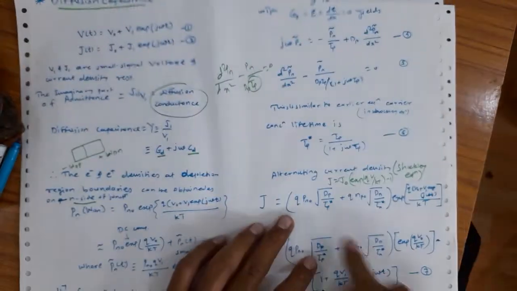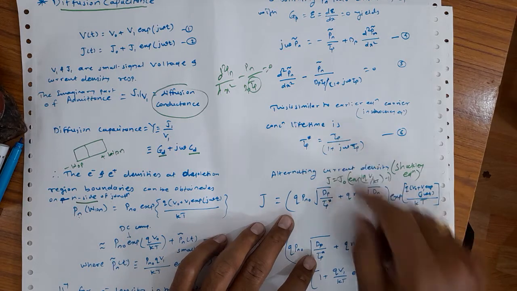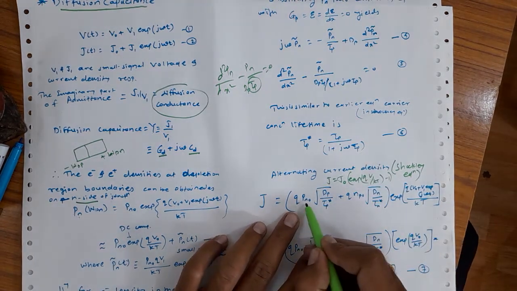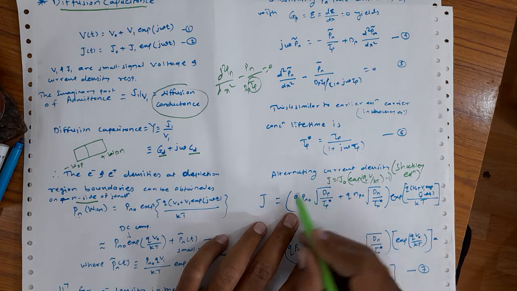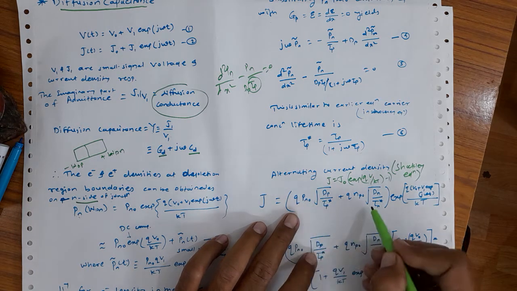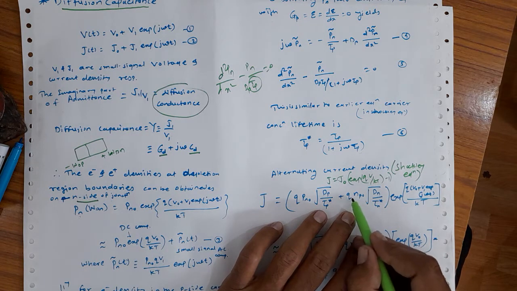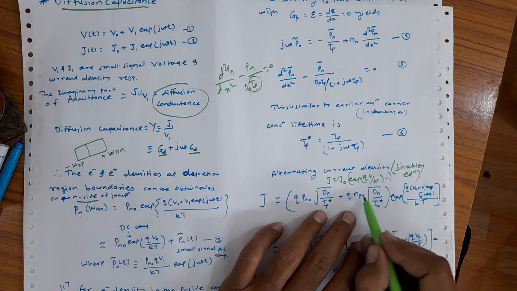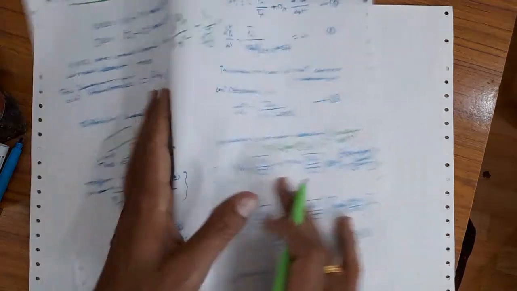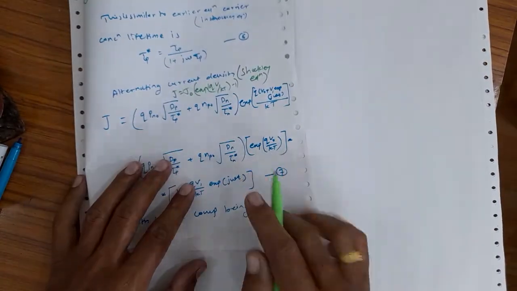Its lifetime has been changed to tau p star. So q pn0 square root of Dp by tau p star is nothing but the Jp, and the equation for the Jn is q np0 square root of Dn by tau n. These are the diffusion constants for the holes and the electrons, represented over here.